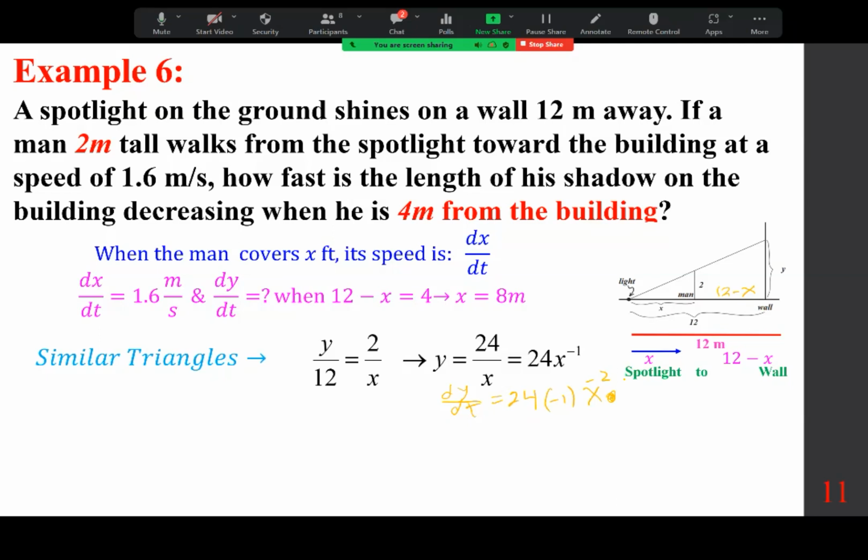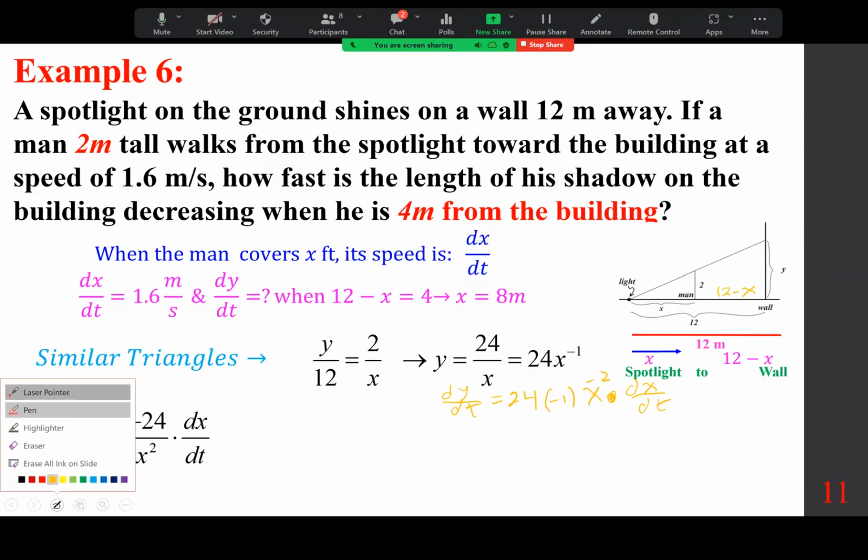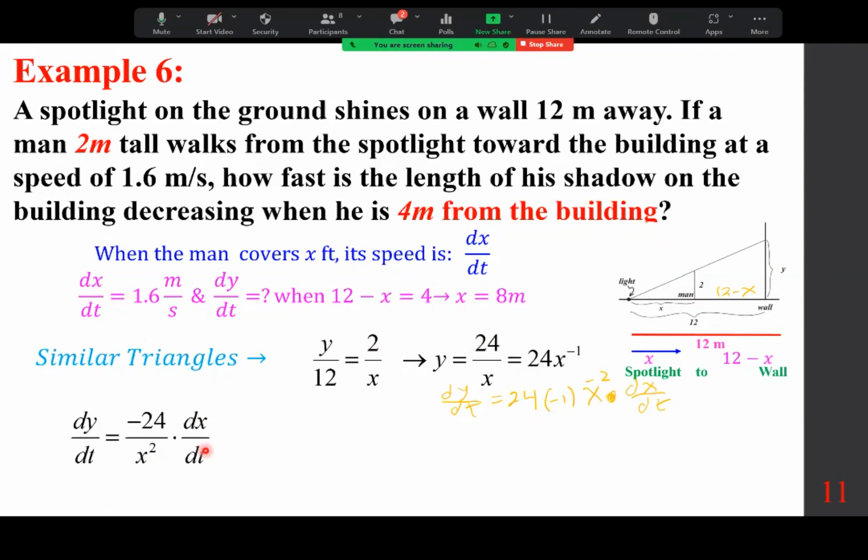And we would be done if x was the independent variable. It's not. Therefore, times dx dt. And we rewrite it as -24 over x squared times dx dt. And we replace the x with 8 and dx dt with 1.6. I want to make sure x is given, dx dt is given. Let's replace it.